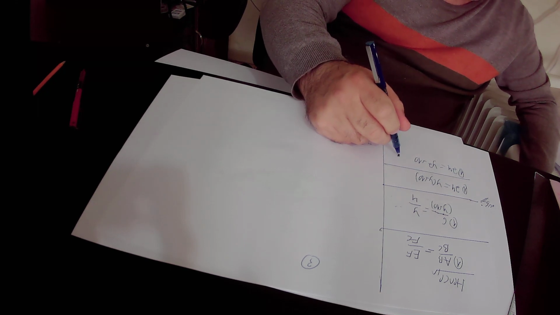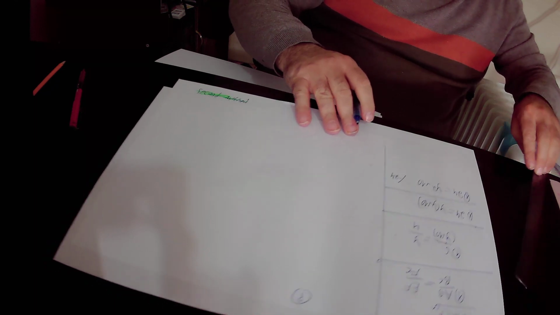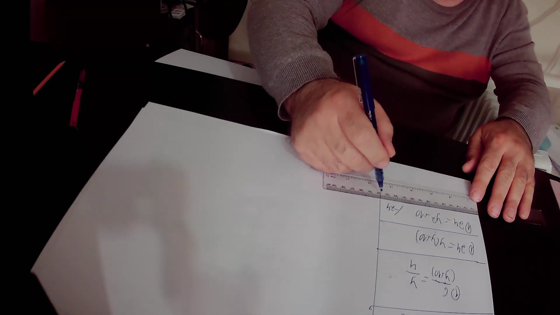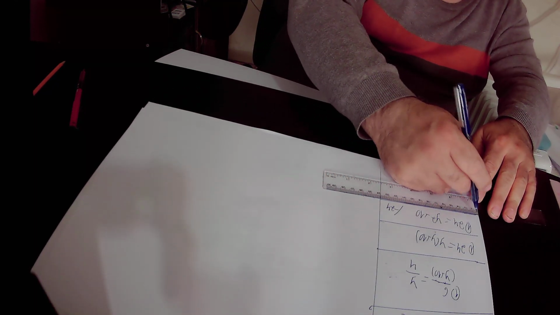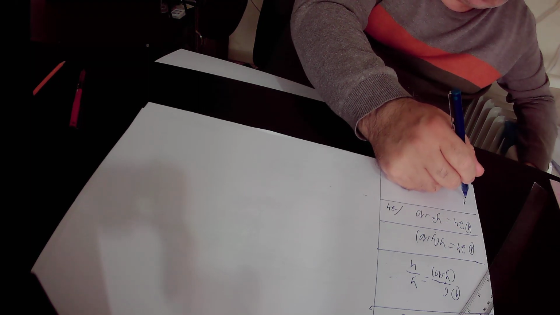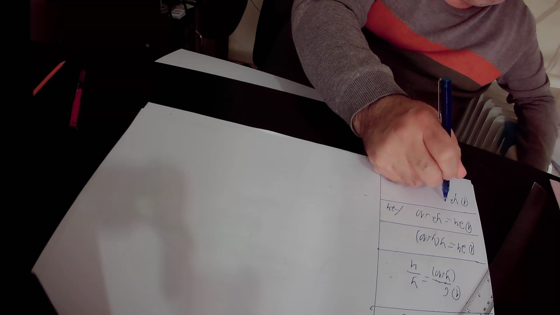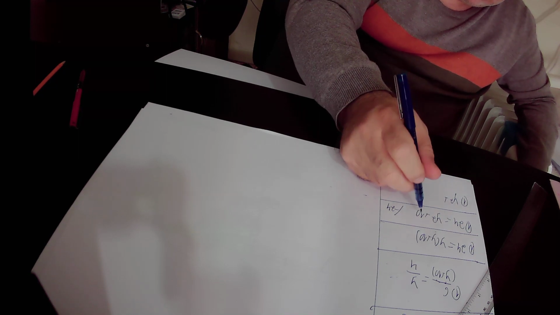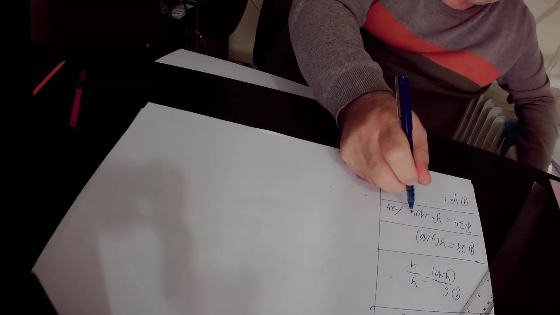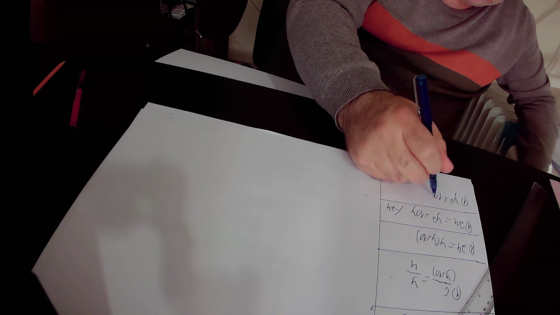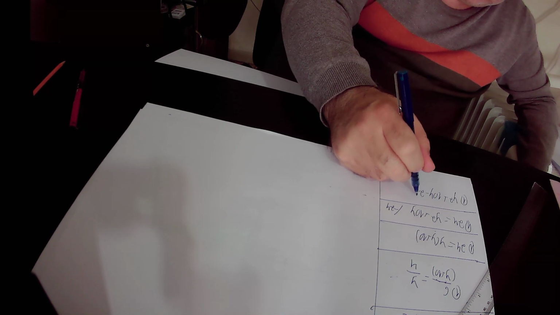Here we'll subtract 24 from this equation, and we'll have here a quadratic equation. We'll get that Y squared plus 10Y minus 24 equals 0.